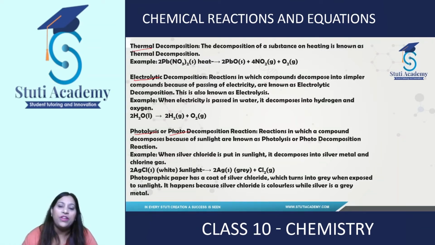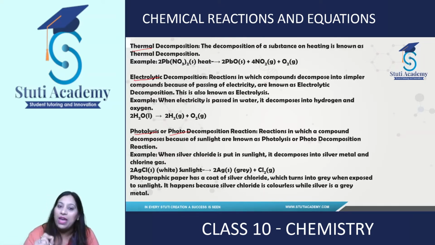Now there are different types of decomposition reaction: thermal decomposition reaction, electrolytic decomposition reaction, and photolysis or photo decomposition reaction. First, I'll discuss thermal decomposition reaction. Thermal means heat, temperature.